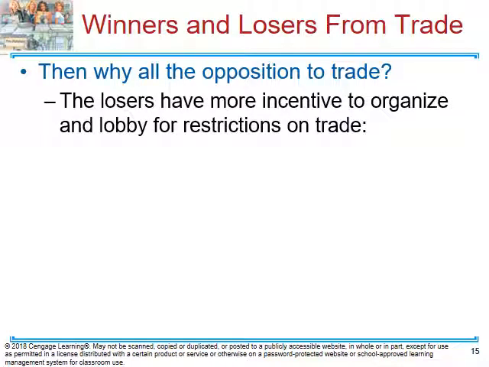One reason is that losers have more incentive to organize and lobby for restrictions on trade. That's one main issue: those who are losing from international trade are well organized, and they can take actions, or they can influence government policymakers, for example, through lobbying, so that international trade is changed or restricted, and they will continue to receive the benefits from that.